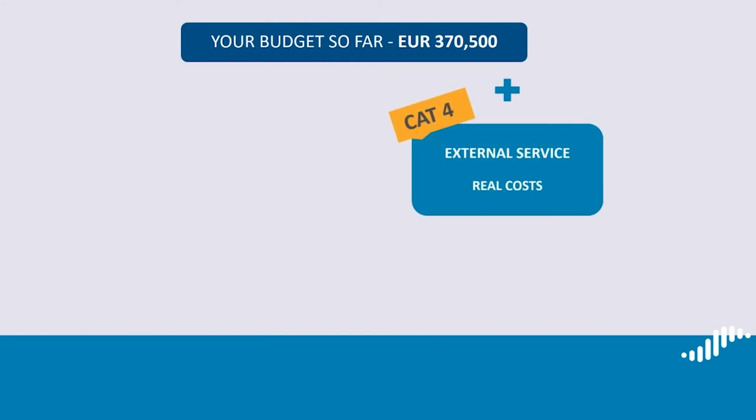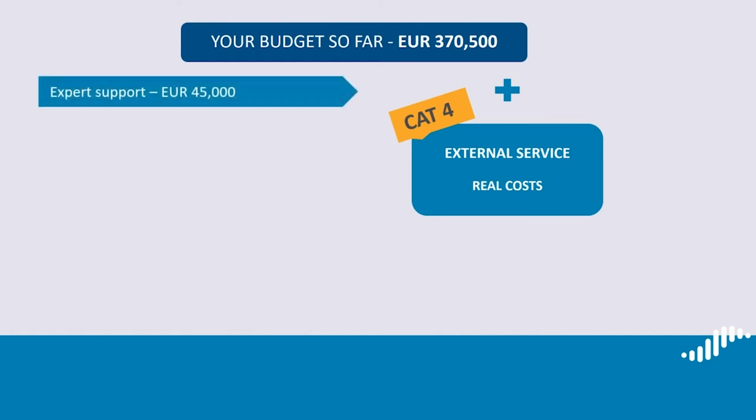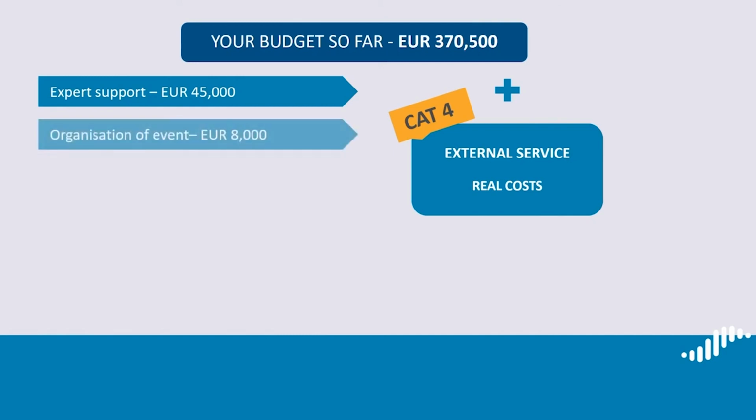Let's start with external expertise and services. In this category, you will plan specific expertise or services that you need for the project implementation. We listed several examples here, such as external expert support or organization of an event.